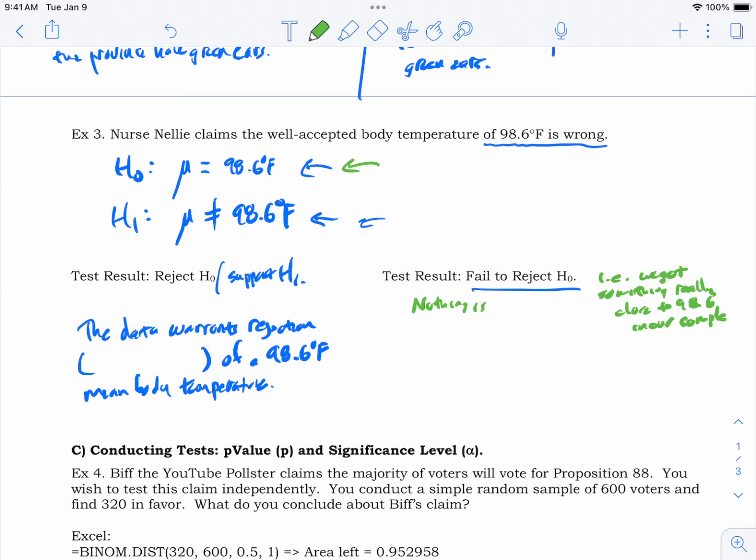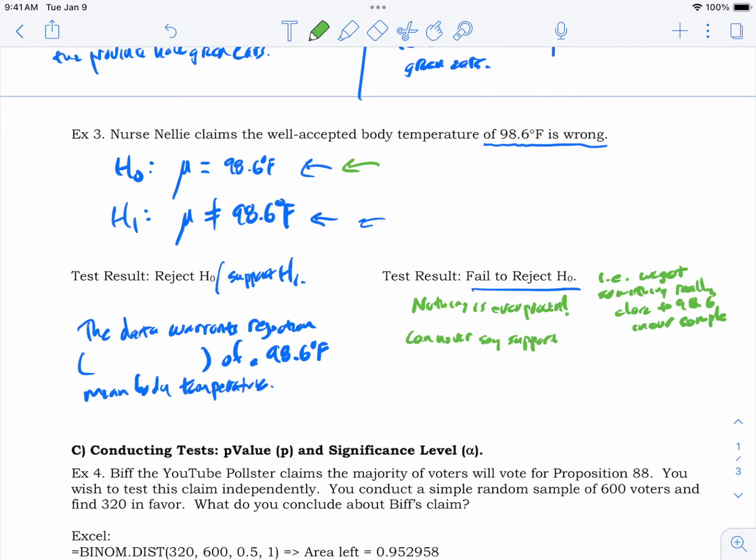So if it's close to 98.6, we're saying, well, that's kind of what we were expecting, so we're not going to reject the H naught. It seems okay. But nothing is ever proved in statistics, so we're not going to say we proved it really is 98.6. We're not going to say that we support H naught.